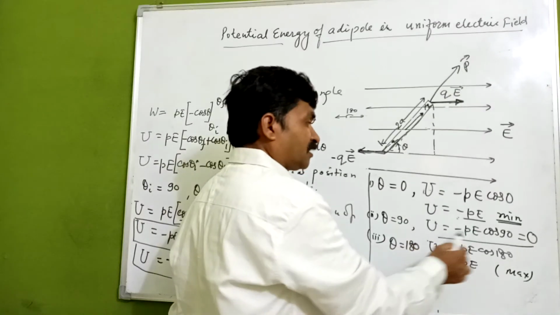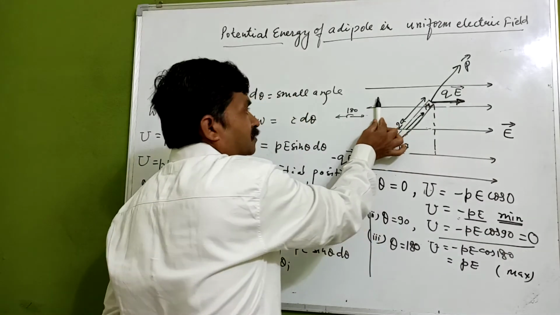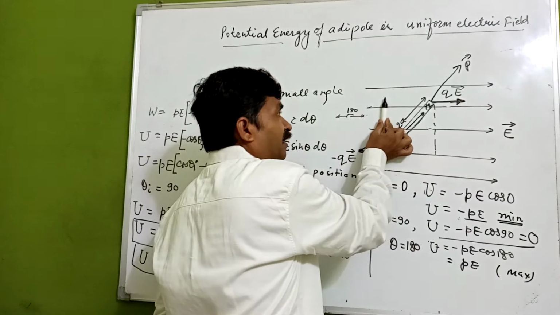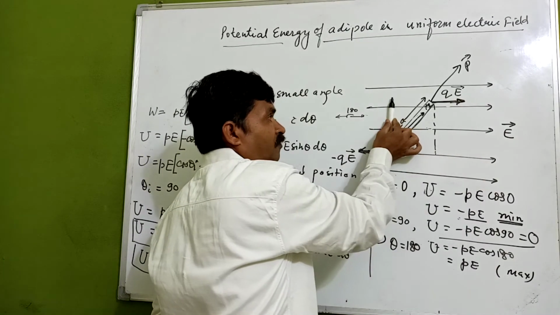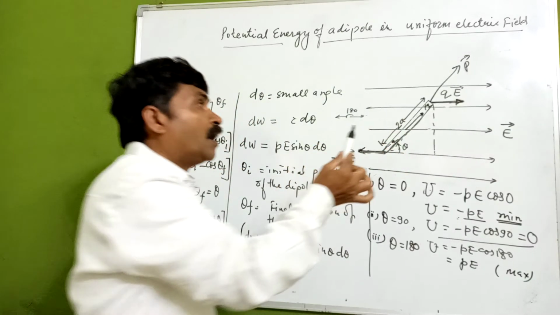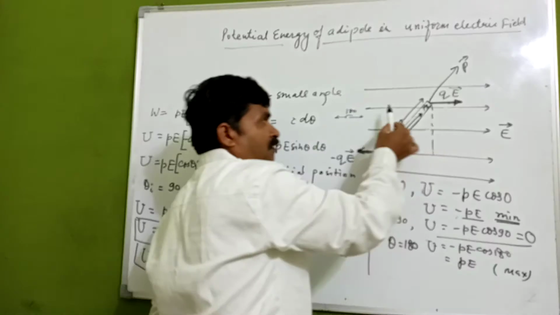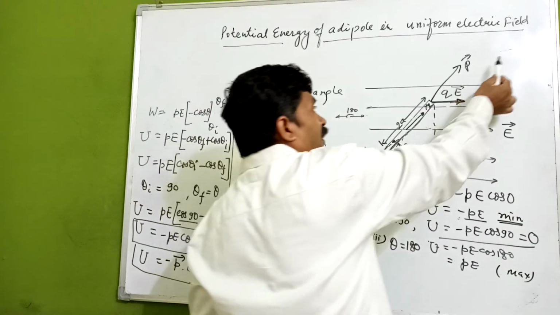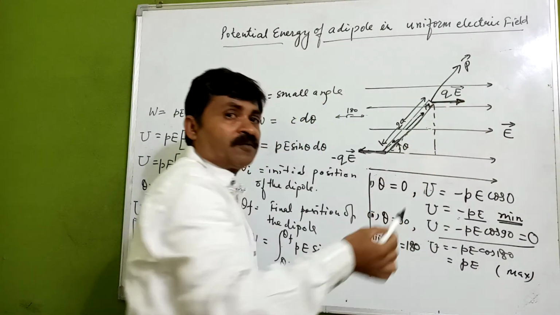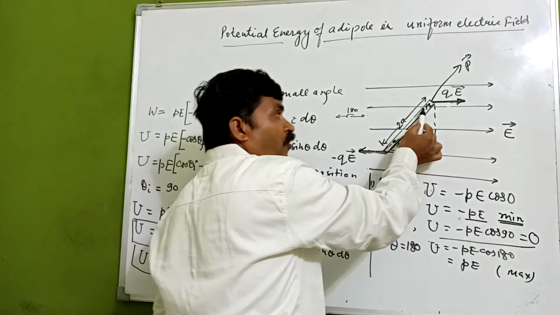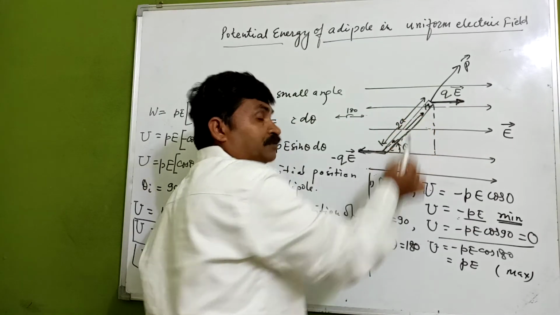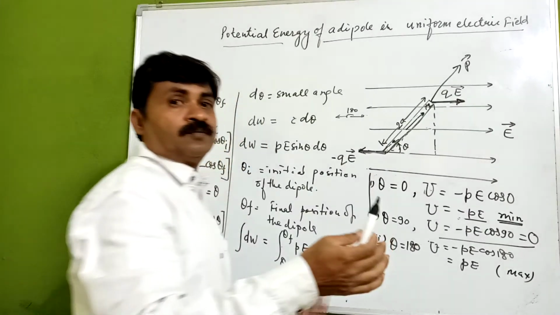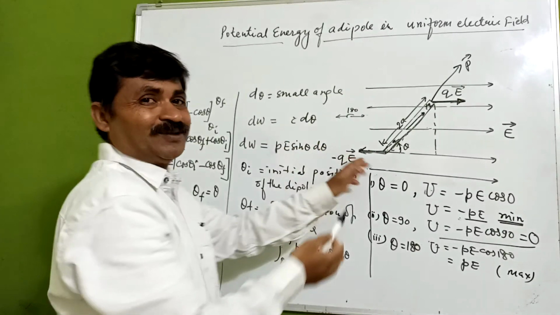But if we see here, theta is equal to 90 degrees, it is kept like this. We can understand it like this. If we keep it in the electric field perpendicular, at 90 degrees, with one charge positive and another charge negative, and we bring it from infinity, then the work done for the positive charge and the work done for the negative charge will cancel each other.